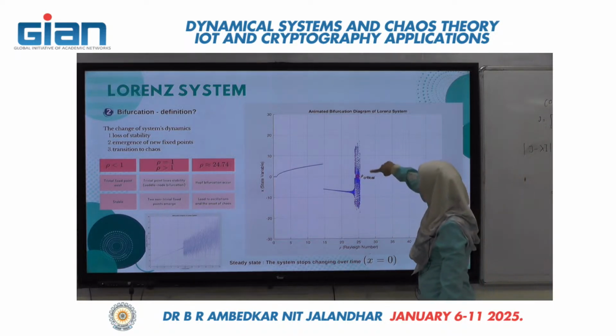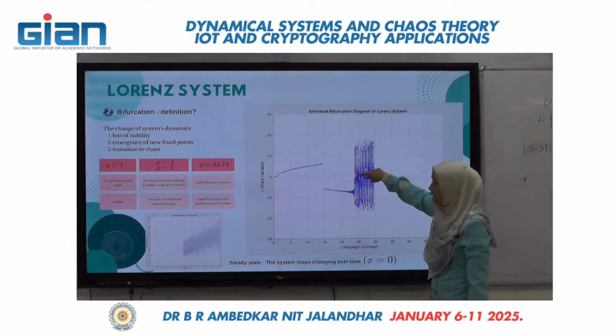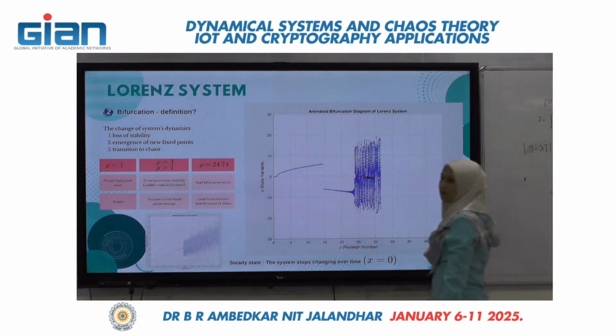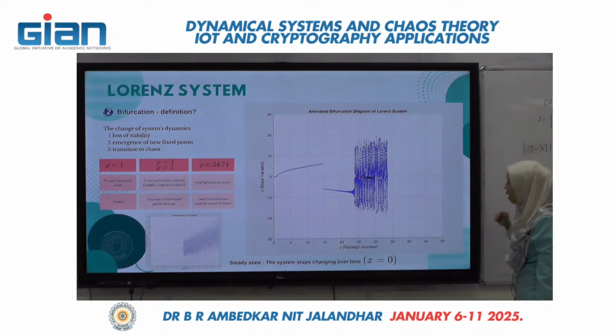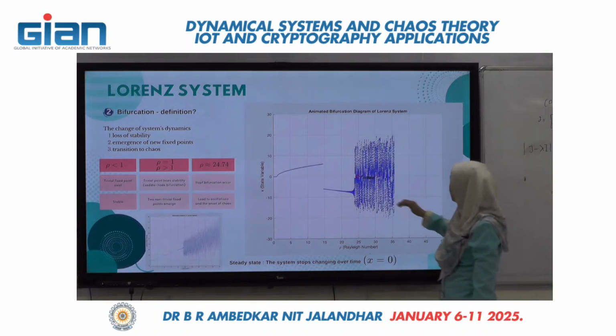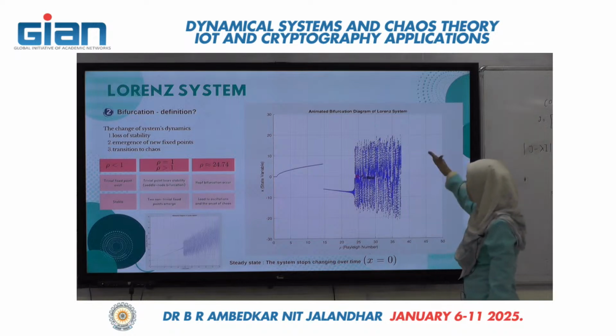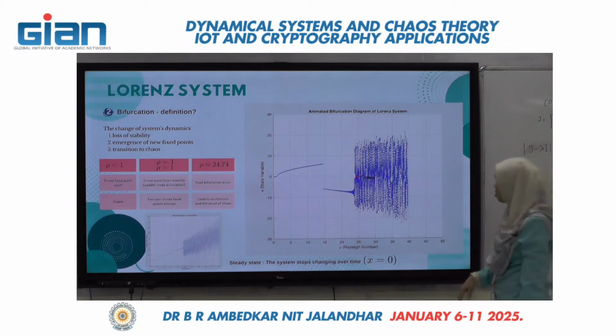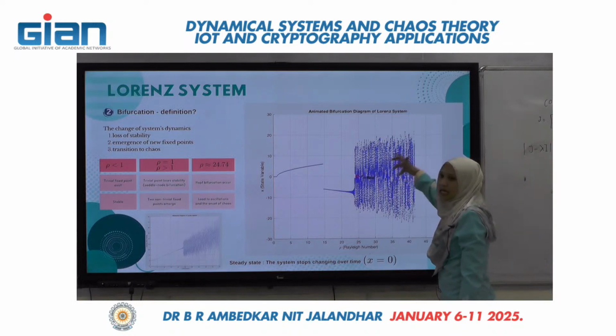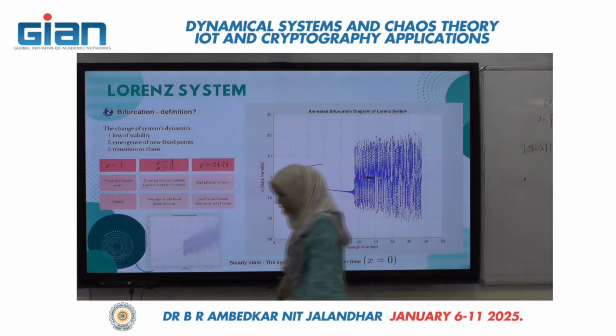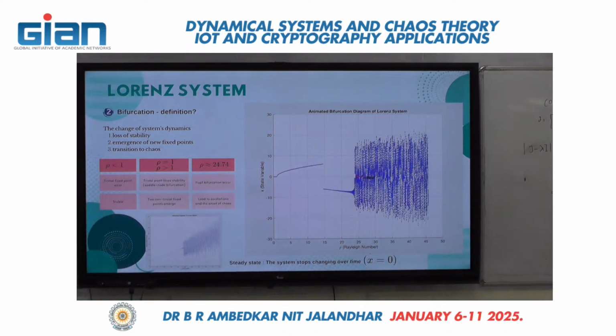And so this is what I mentioned as pre-critical, which is the hallmark of chaos. After this part, everything will be chaos. Okay, so this is a bifurcation diagram to represent chaos. You can see how dense the points are there.